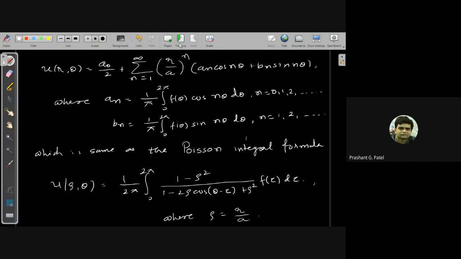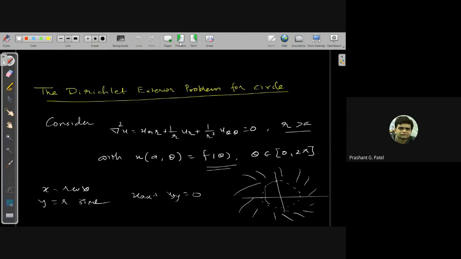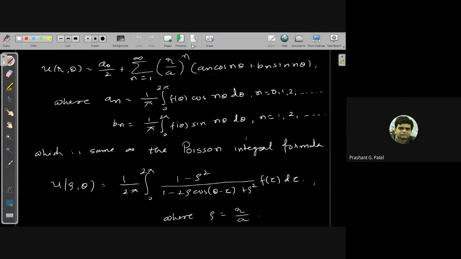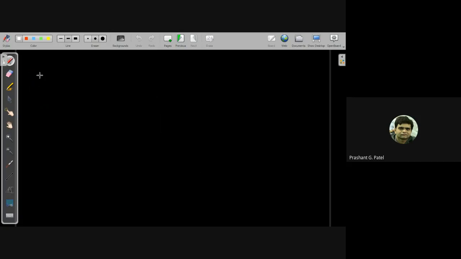And this is known as the Poisson integral formula. So here our objective is to discuss the solution of the Dirichlet problem for the exterior of the circle. We must note that here u is bounded as r tends to infinity.